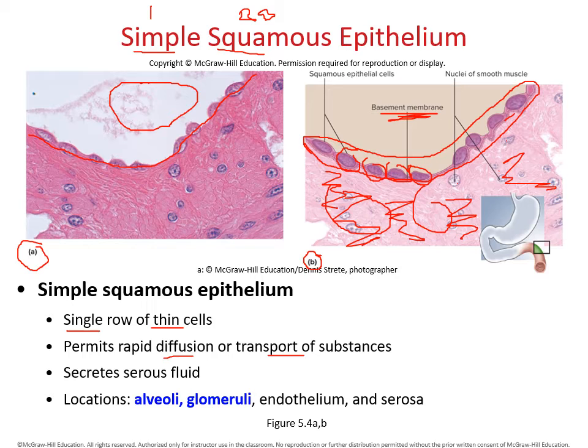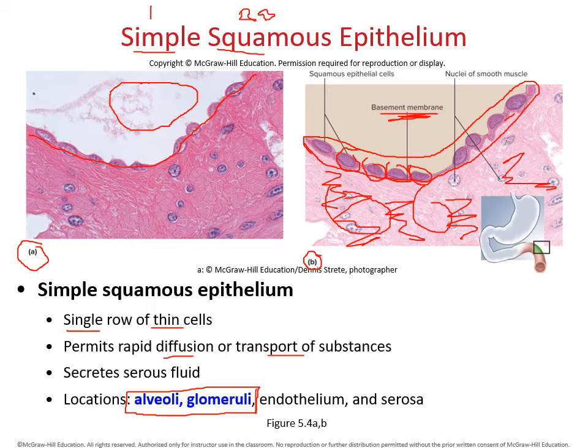To help you out a little bit, because for many of us this will be the first time we're really taking a look at histology, I don't want you to get too overwhelmed. So on your PowerPoints, in the location, I'm going to highlight some of them in blue. The ones in blue are the ones I want you to study for your exam. These are the choices I'm going to limit myself to ask you.